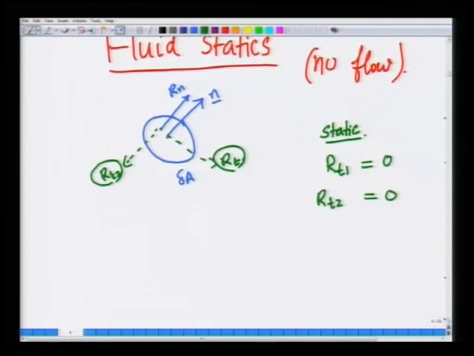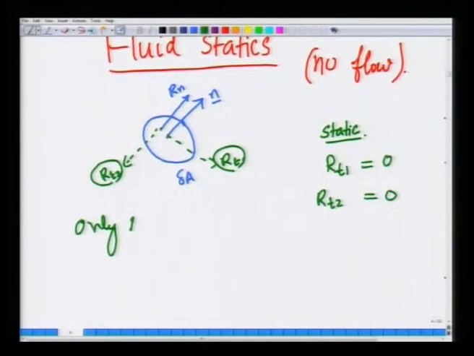Okay. So, you cannot have tangential stresses. So, the only surface force that can act on a volume element is the normal force, because if there is a tangential force at any point in a fluid, that means the fluid will start flowing, because a fluid cannot resist any non-zero tangential stress.